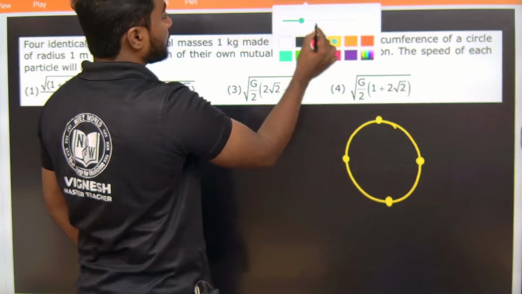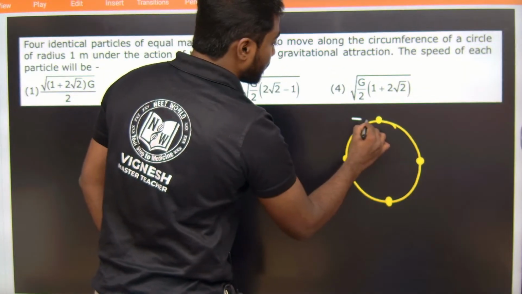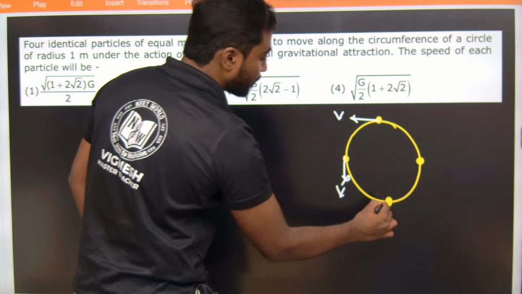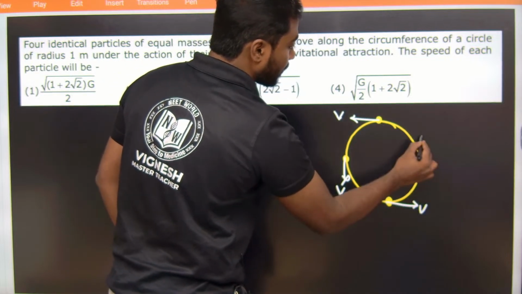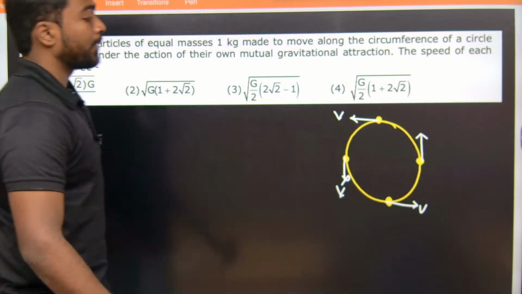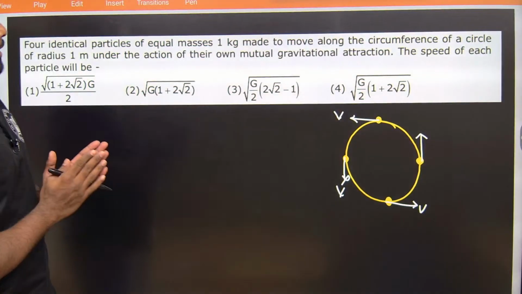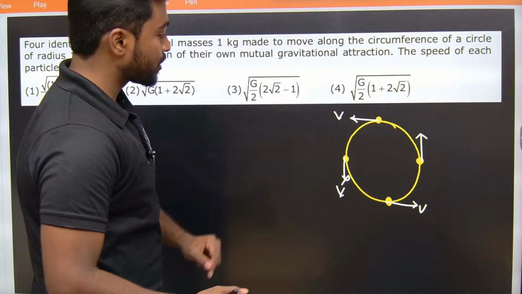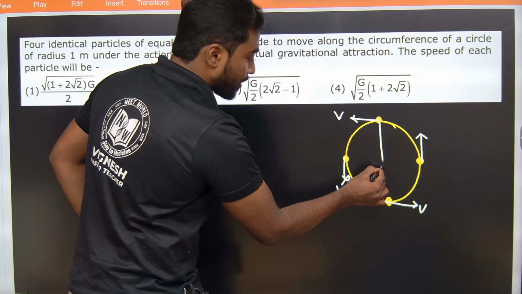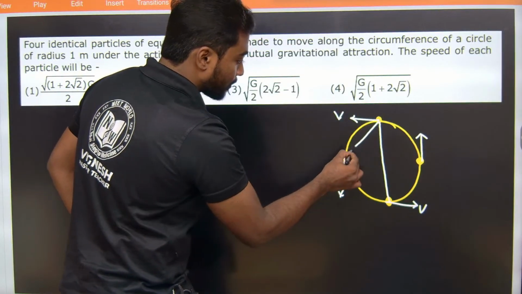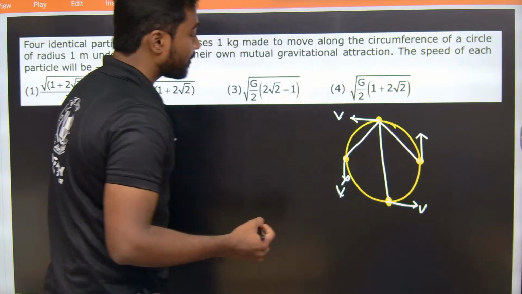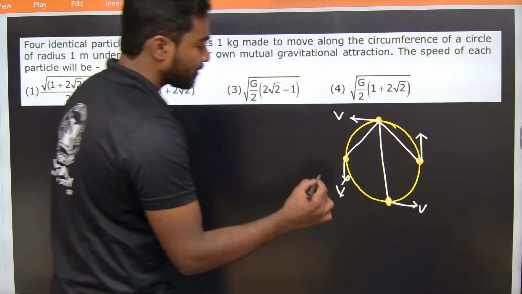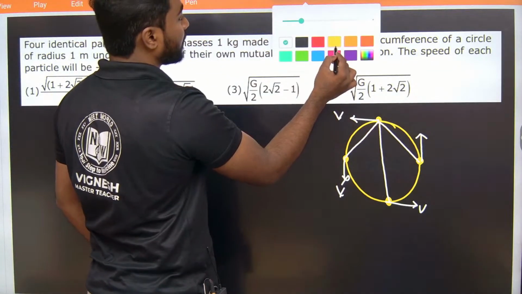This is my velocity v, the particles are rotating like this. The thing they have said is mutual gravitational attraction. So what is the radius of the circle? Let me take it as r. Radius of the circle is r.